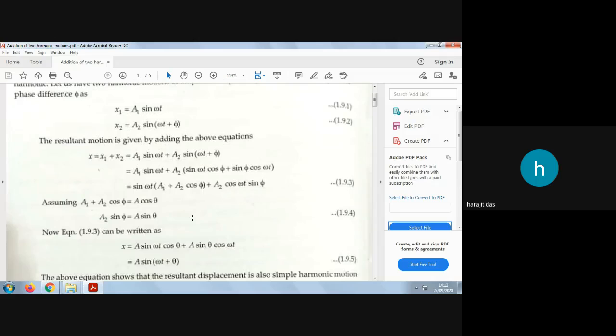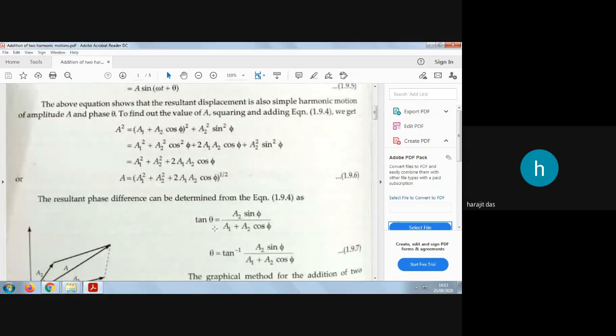If you take the inverse, tan inverse of this value, then you will get the exact angle.